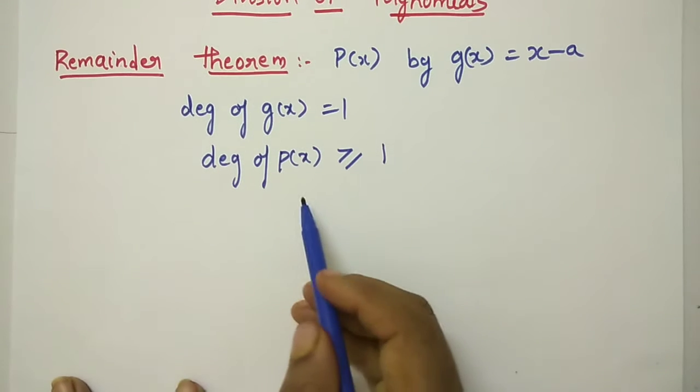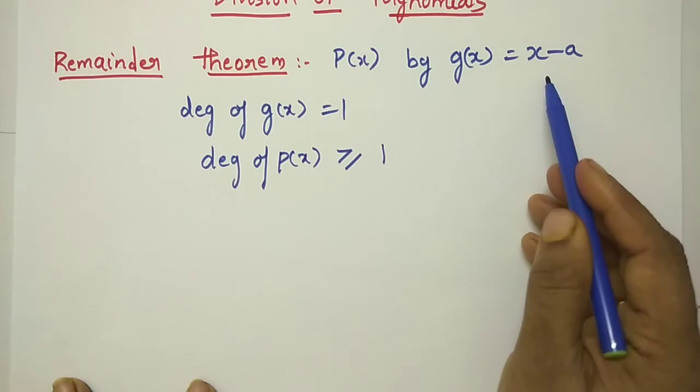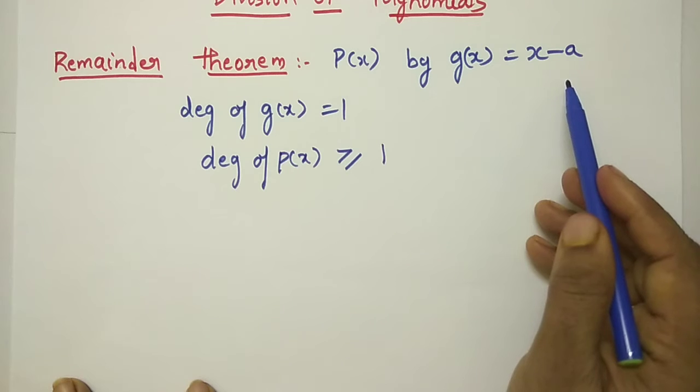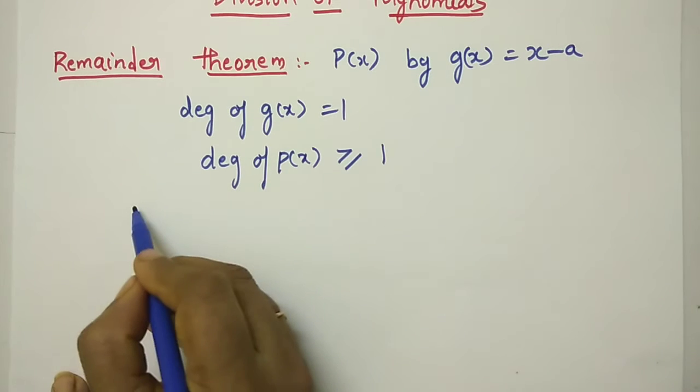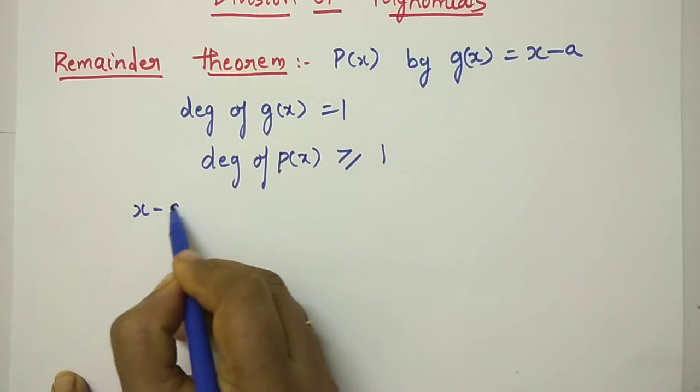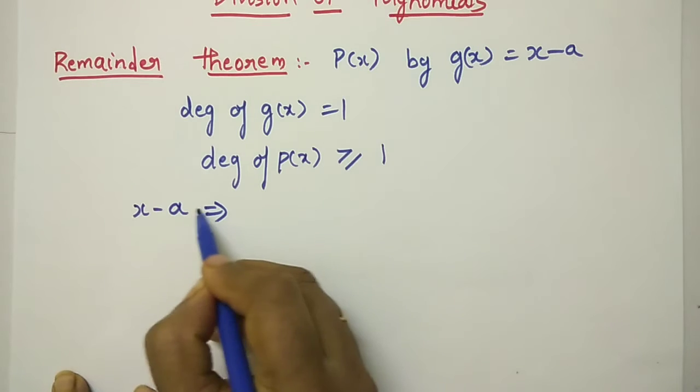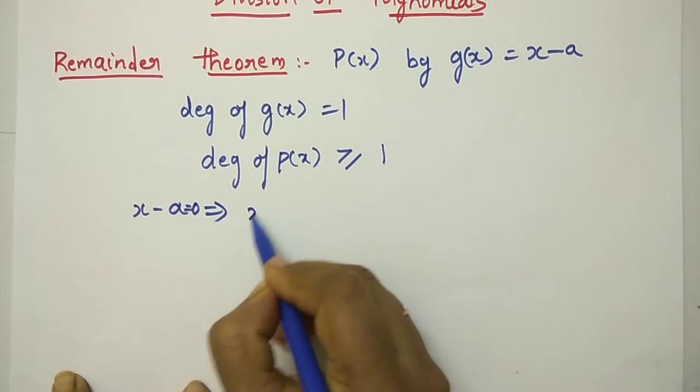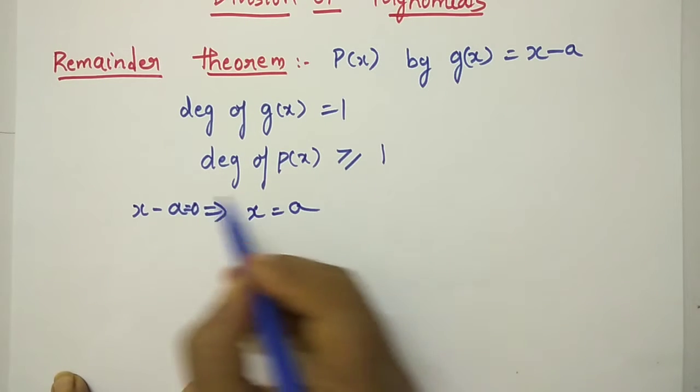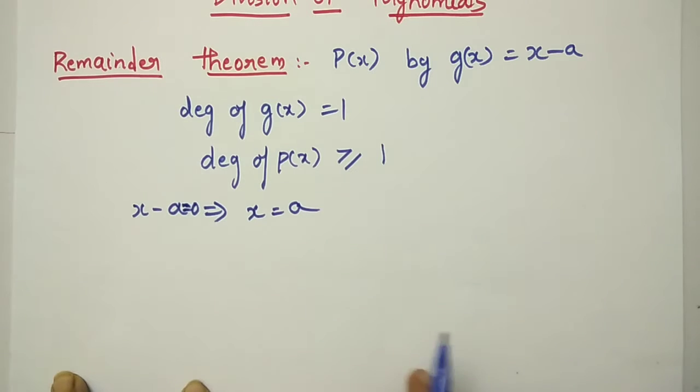As it is a linear polynomial, we can get the value of x: x minus a equal to 0 gives x is equal to a.